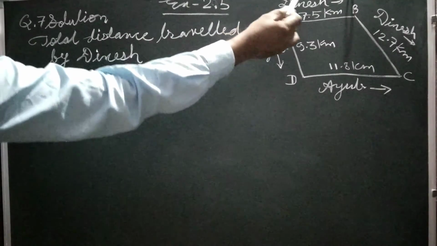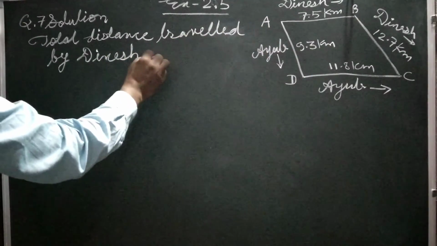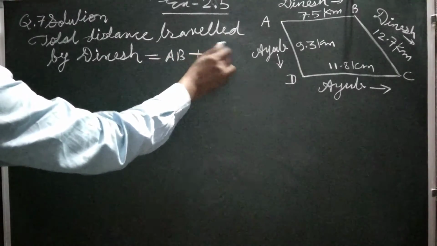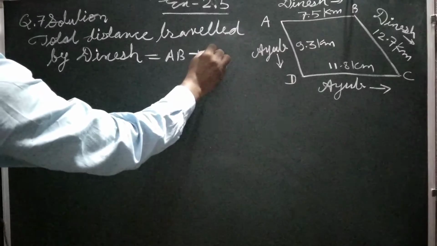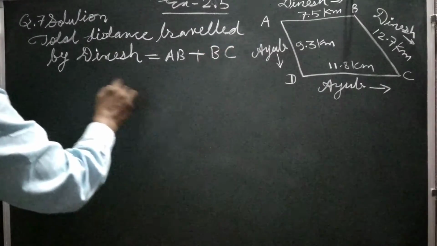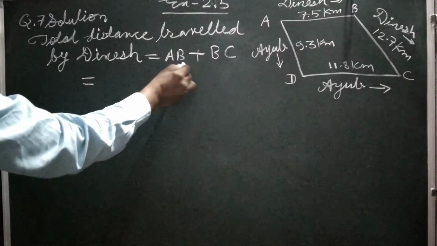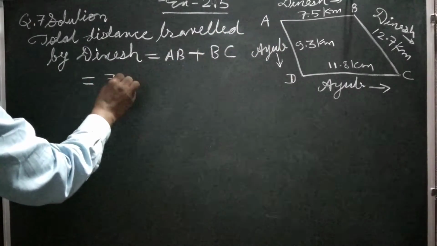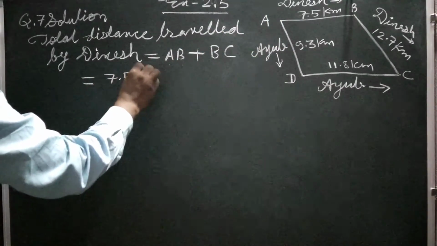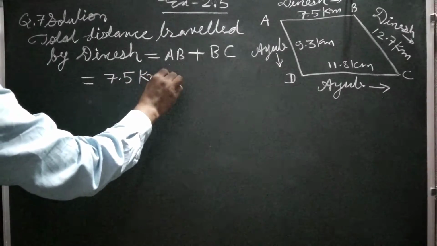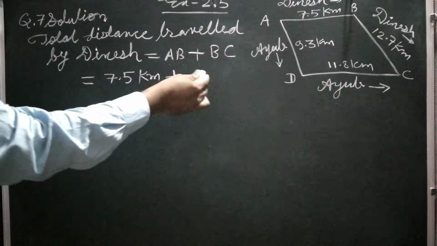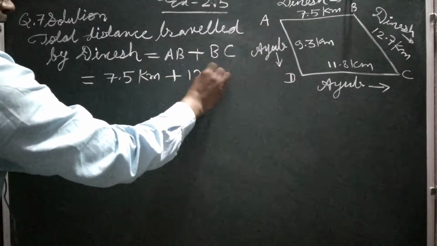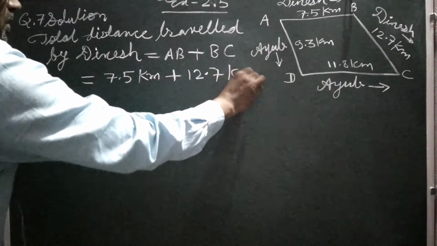Dinesh traveled A to B and B to C. So here we will write AB plus BC, the path of Dinesh, and we have been given the value of AB as 7.5 km. Distance from A to B 7.5 km plus distance from B to C 12.7 km.